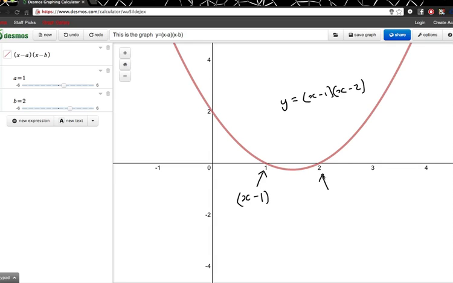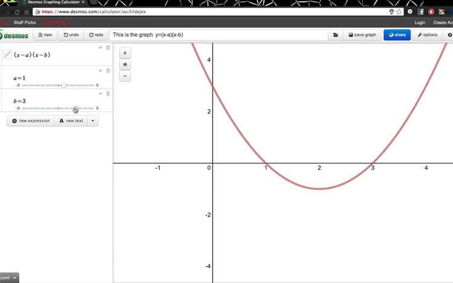The fact that it crosses here when x is 2 means y equals 0, and the factor x minus 2 is 0. So crossing points on the x-axis correspond to factors in the quadratic expression that gives you the formula for the graph that we're on. Height of 0. One of these factors must be 0.